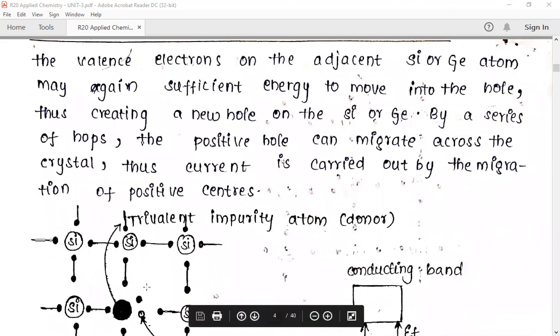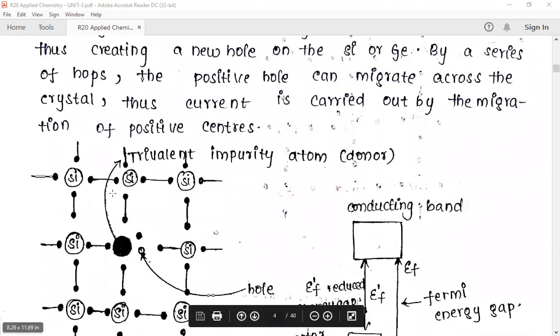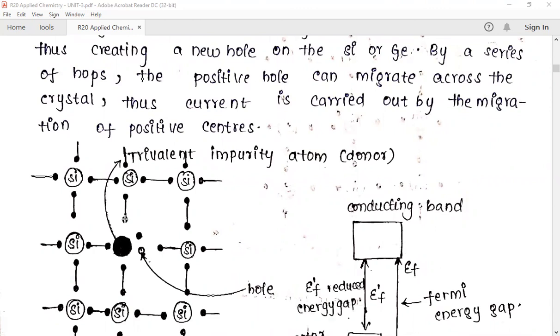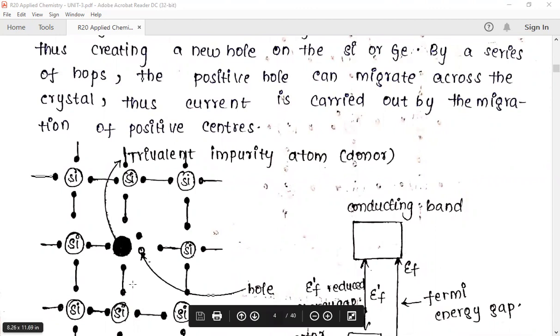See here, in the structure, if the trivalent element is placed, the trivalent element has trivalency. That means it is capable of forming only 3 bonds with the adjacent atoms.